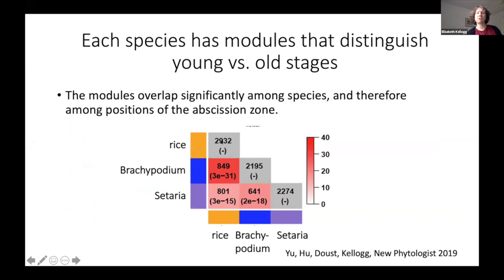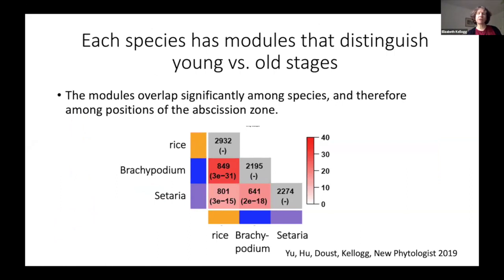So there's the 3,000 ones I just showed you in rice. There are about 2,200 in Brachypodium, and the overlap among those is about 850 genes that are differentially expressed, shared between them. Highly significant overlap, suggesting there's a lot of similarity in terms of the developmental stages.